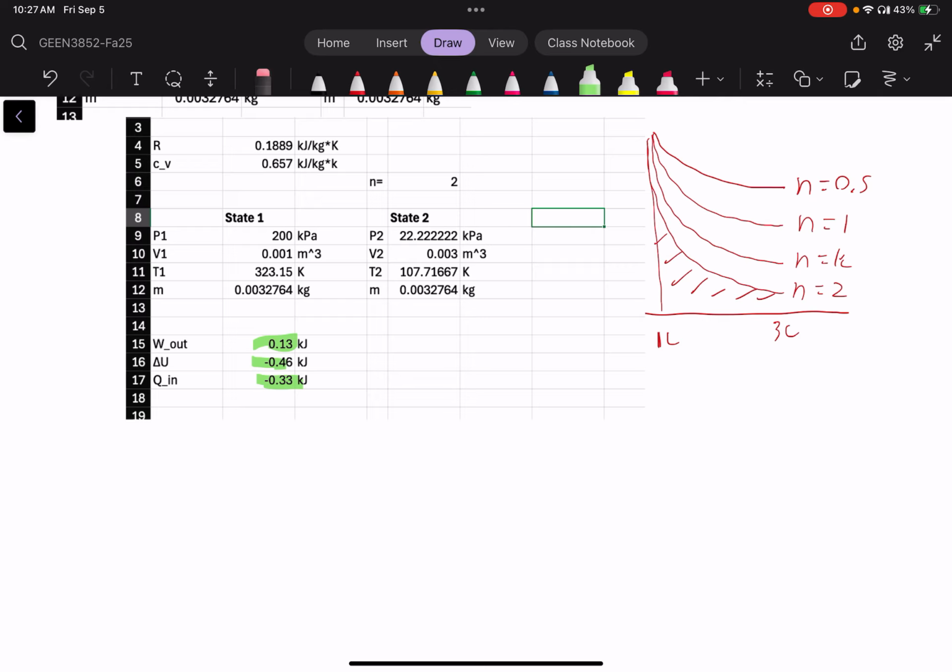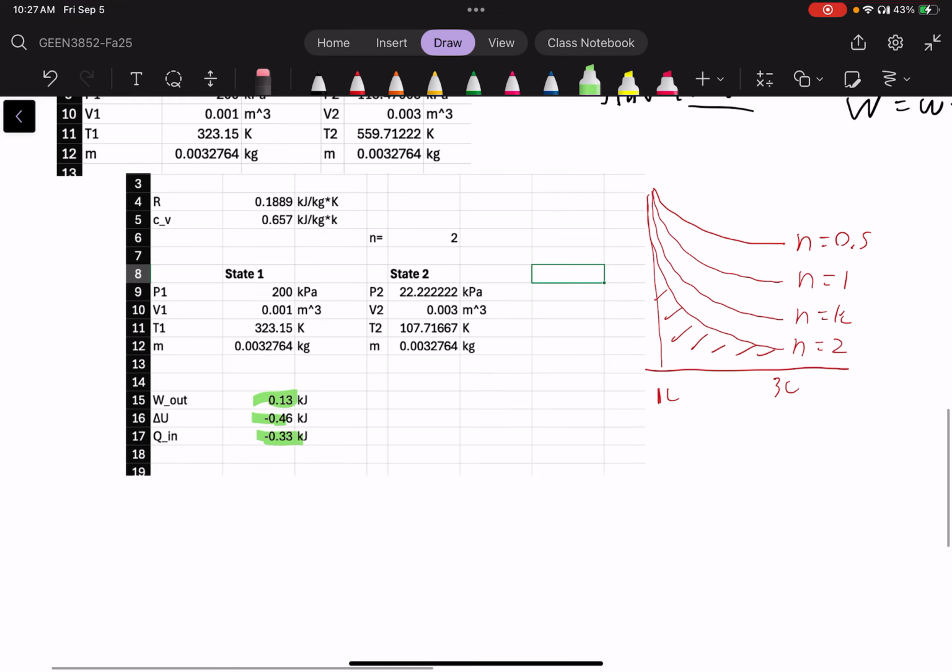In order for this to cool off, we know from the heat transfer equations that there has to be a difference in temperature between the cylinder and the surroundings. So the cylinder is warmer than the surroundings. It's expanding and cooling off at the same time. That's a unique process that's not isothermal or adiabatic, just like n equals 0.5 was not isothermal or adiabatic.